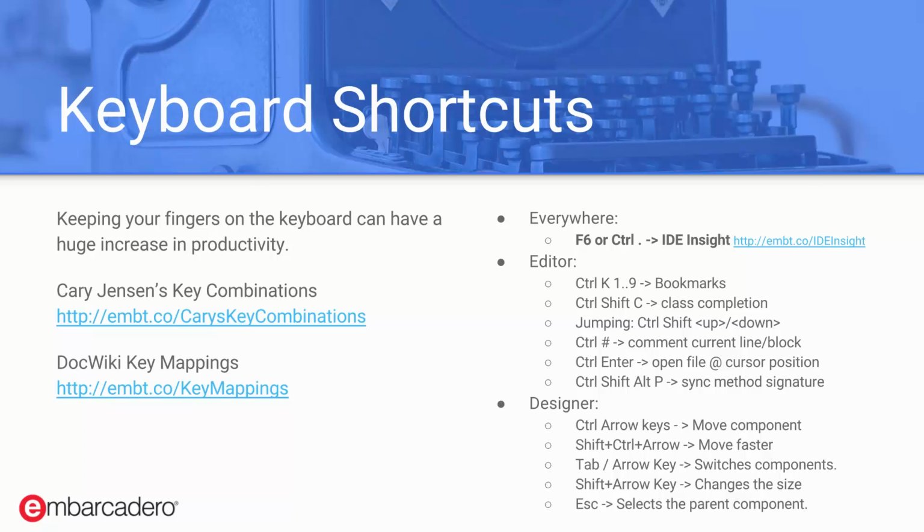What I want to point out to you, and you may not be aware of, is the IDE Insight, which is F6 or Control-period. This is one of those things that if you're not using it, start using it, because it will fundamentally change the way you use the IDE. Essentially, you can get to pretty much everything in the IDE through IDE Insight.